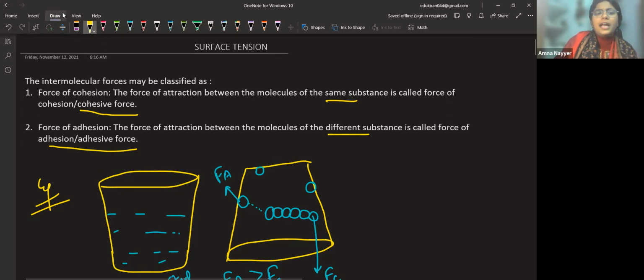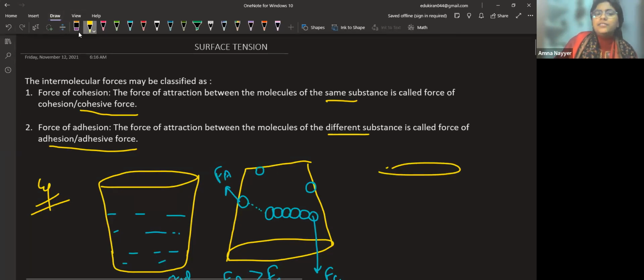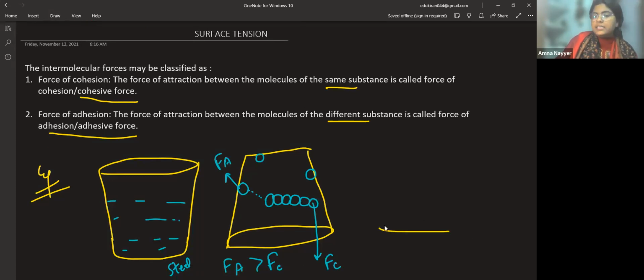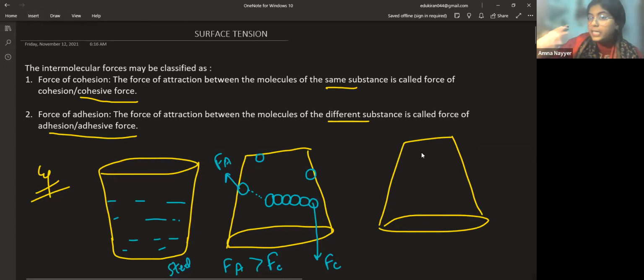If I take the same glass, the same thing, it's just that I have filled it with mercury, and now I have inverted it. When you empty it, you will see not even a single droplet of mercury is left.